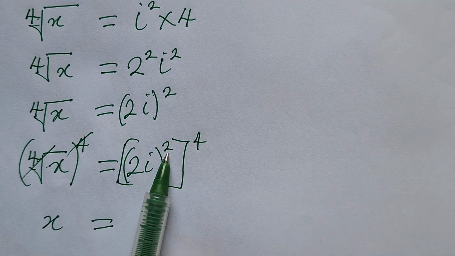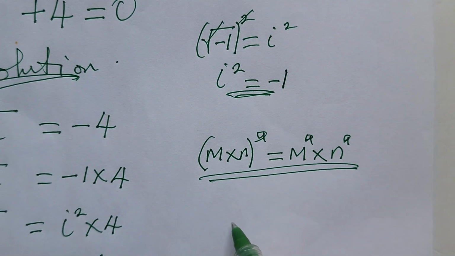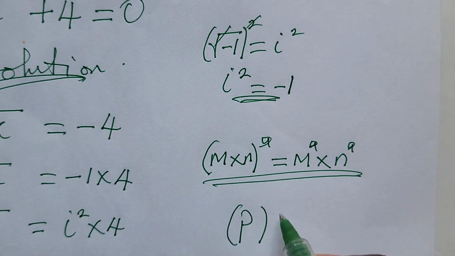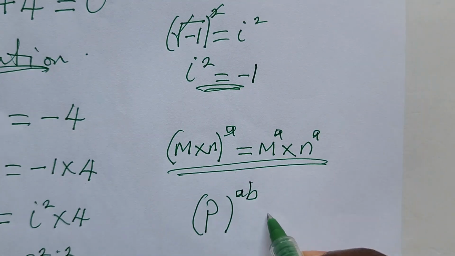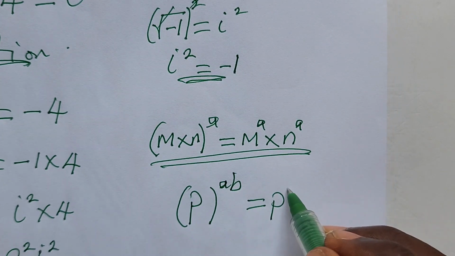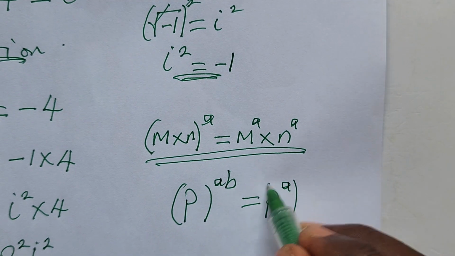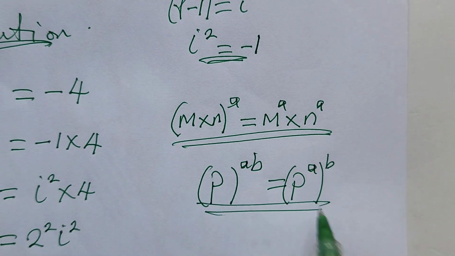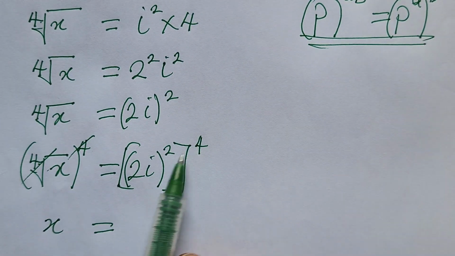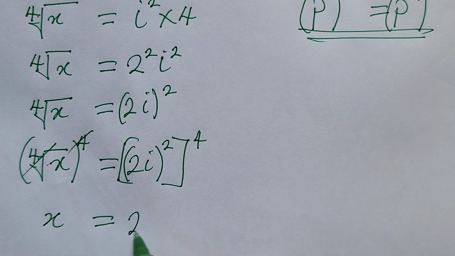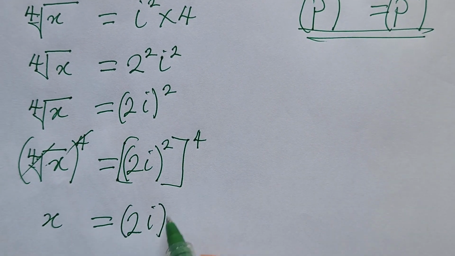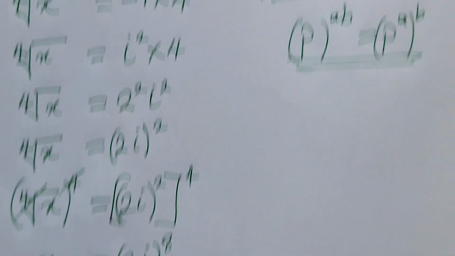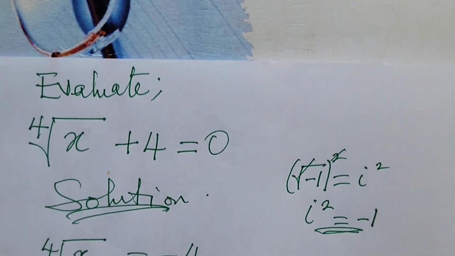According to the law of indices again, (p to the power of a) to the power of b is the same as p to the power of a times b. So we multiply the powers, and this gives us (2i) all to the power of 8. This is the value of x that satisfies this equation.